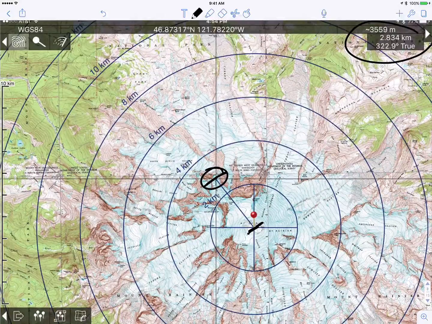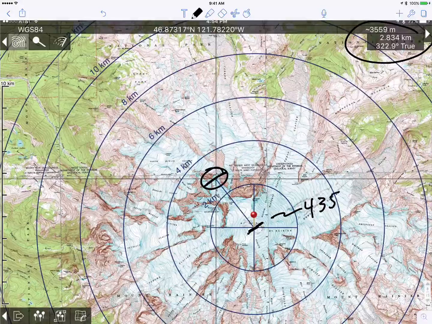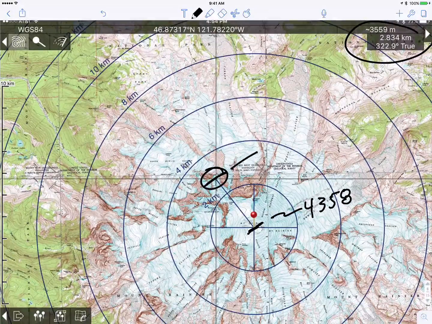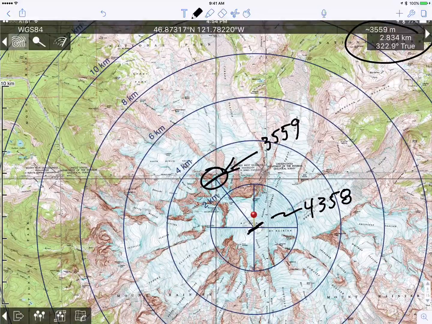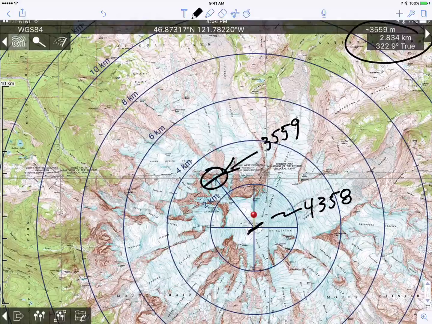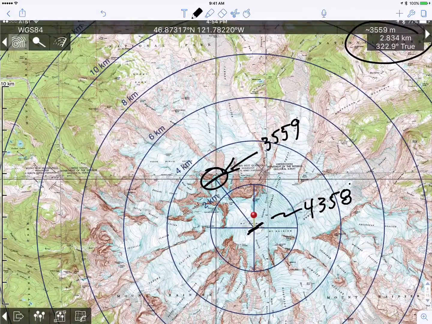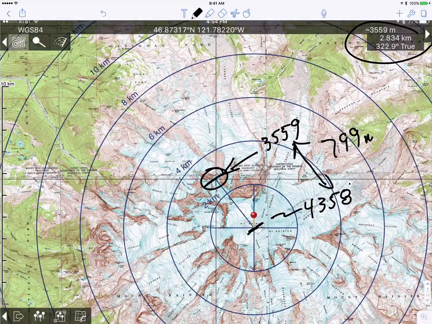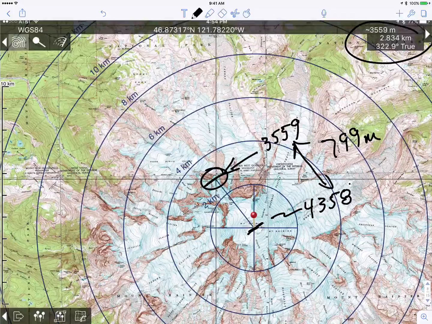And so now I have a change in elevation from my previous value, which was 4,358. And over here, I'm now at 3,559. So I have a change in elevation here of about 799 meters, and 799 meters over 2.83 kilometers.